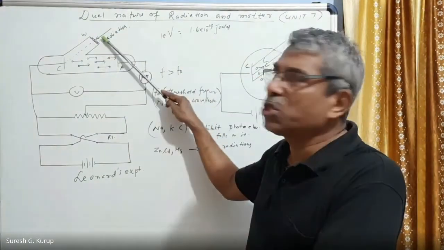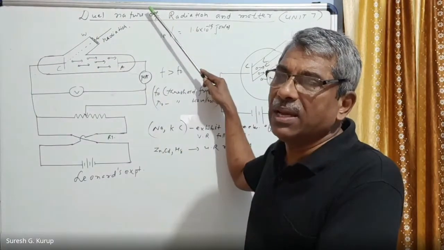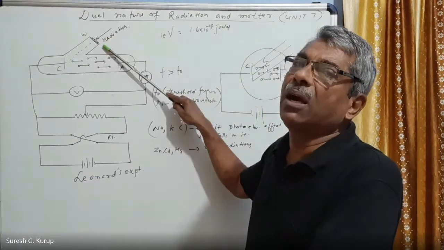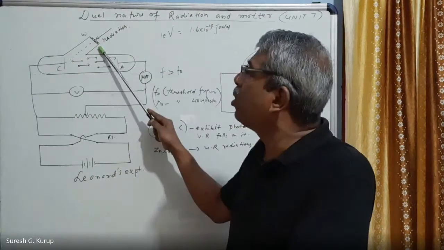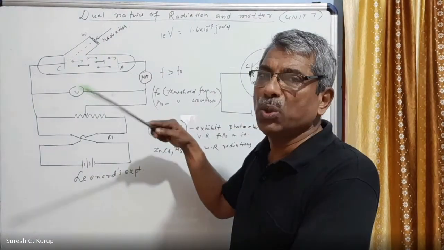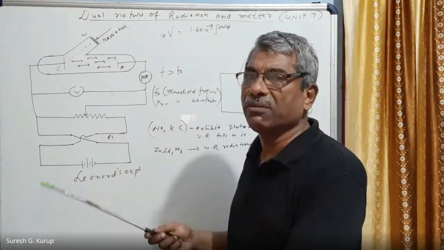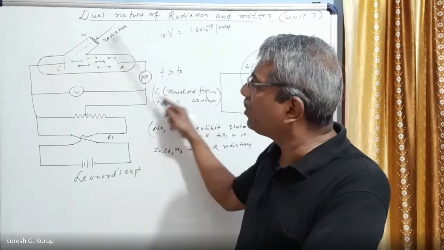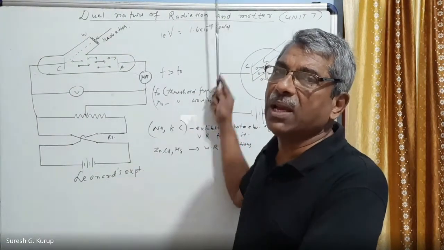That means the source of light is taken towards it or away from it, right? And frequency can be changed using different colored windows. We can use windows of different colors, and thereby we can change the frequency. Taking the source of light towards means intensity increases, away means intensity decreases.